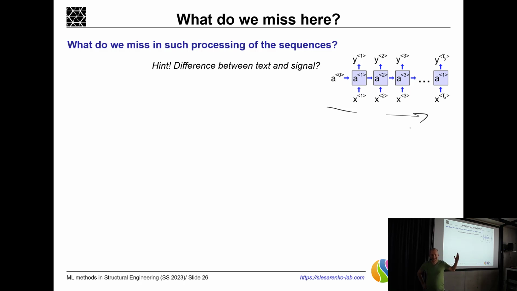In a signal, you don't have information about the future, but you have information about the past. In text, it's important to look in both directions. All these things propagate from left to right. So the first word affects the second one, second and third one, never in return. That's good for signals, but it's actually quite bad for text.